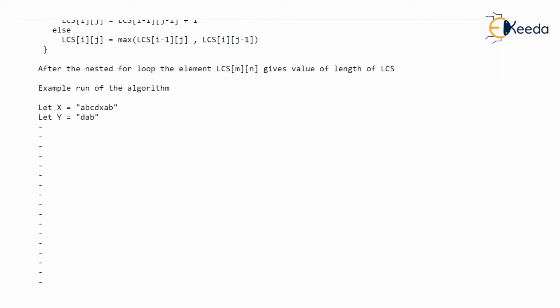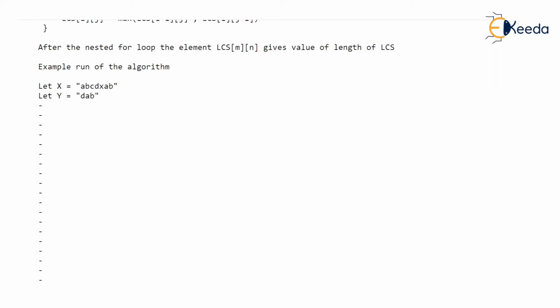Now, here we are having X equal to A, B, C, D. I'll just index this. We are indexing this from 1. It's a bit crowded, but just manage it. So we are having 7 letters in X. So M is 7 and Y is having 3 letters. So N is 3. So obviously we will declare a matrix, isn't it?